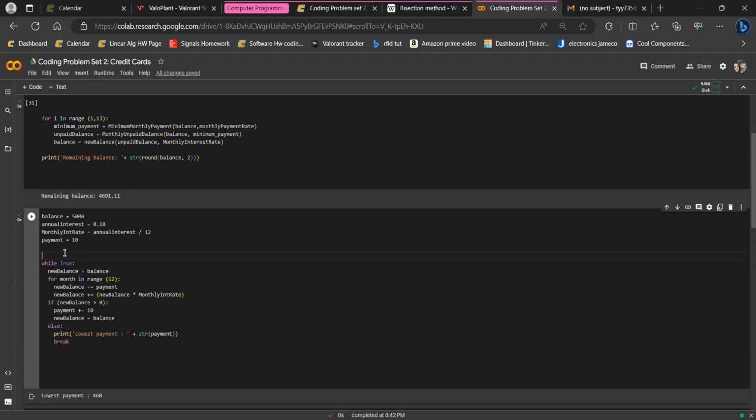But we're saying that we're creating a new variable, new balance, which is equal to balance. You do this because this is going to be something that you change a lot. New balance changes a couple times, right? Like 12 times apparently.